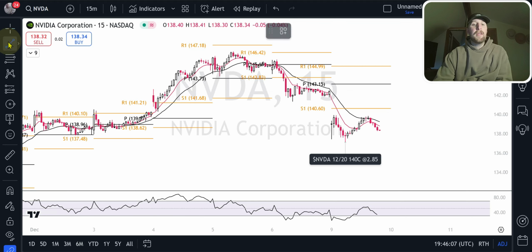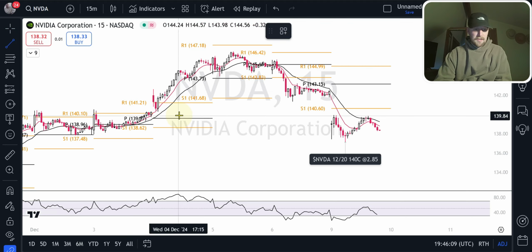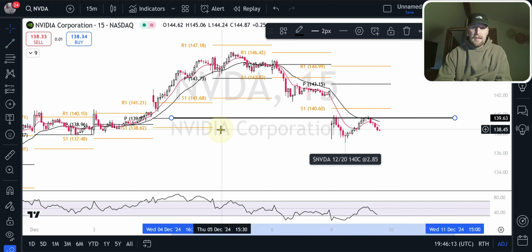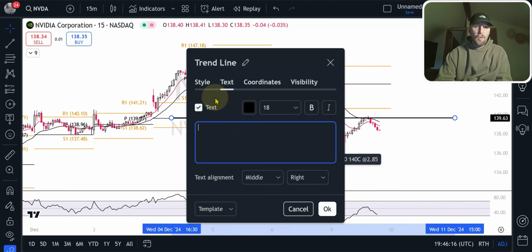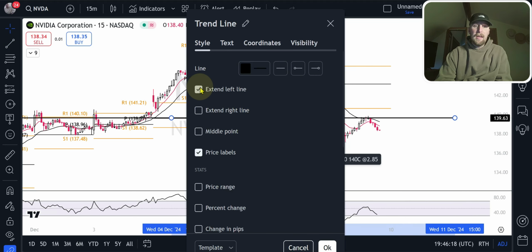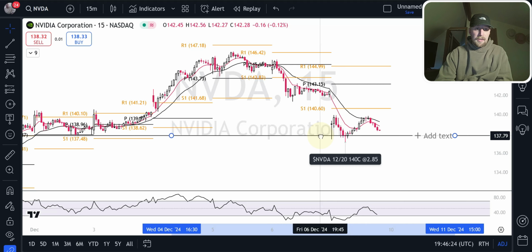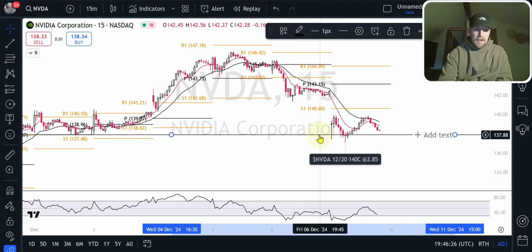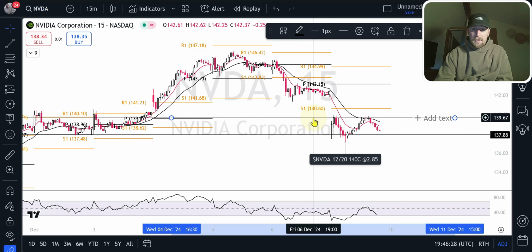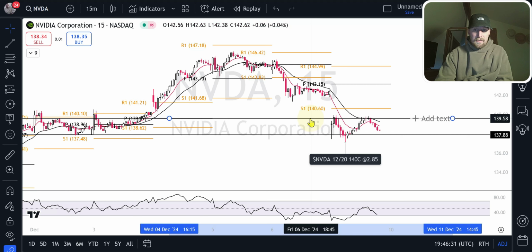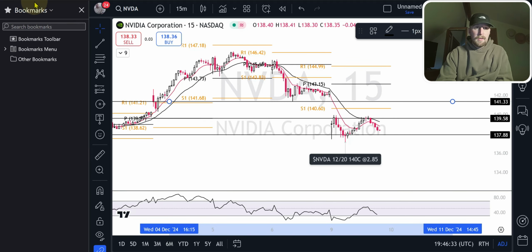So what I will be doing here is drawing a black line at each one of these key pivots. There's one down here, 37.88. There's one at 39.65.